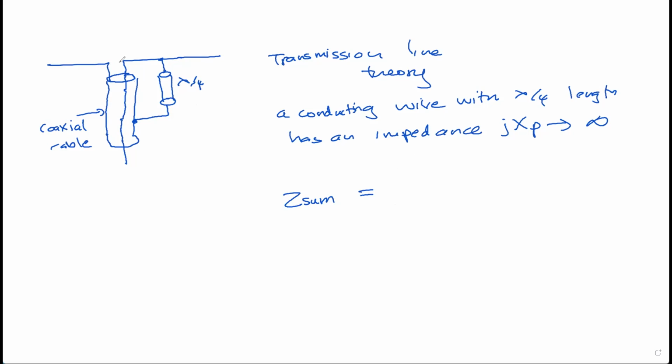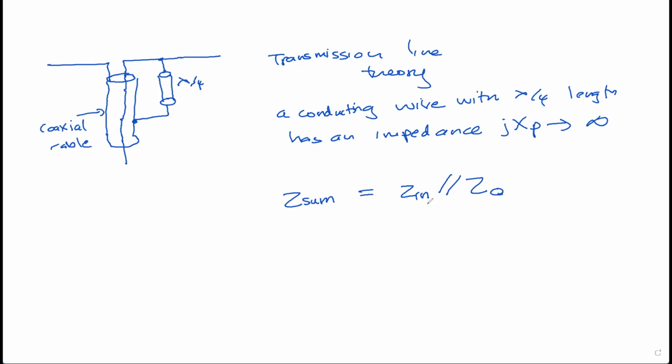Once the balance is connected, the final resultant impedance is going to be equal to the input impedance of the antenna in parallel with the impedance of the conducting wire, right? The conducting wire I'm representing here as Z naught, for example.